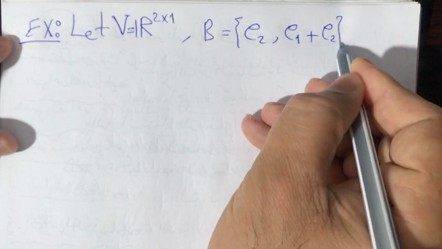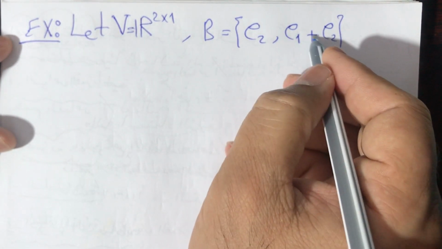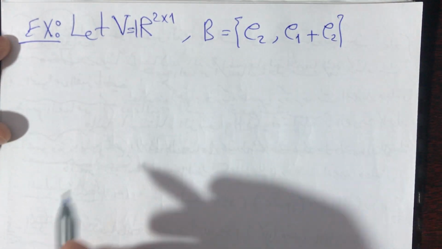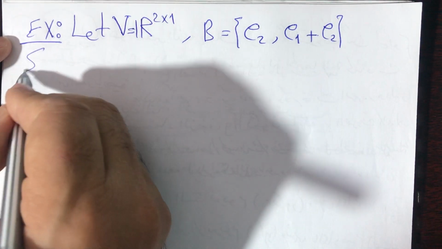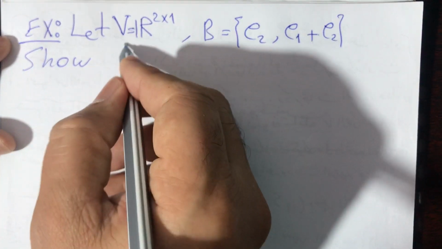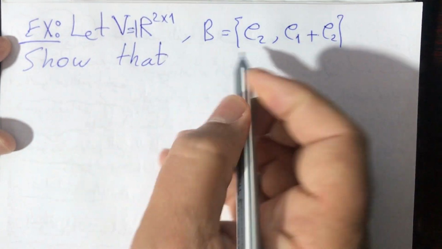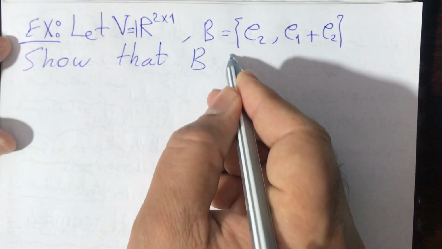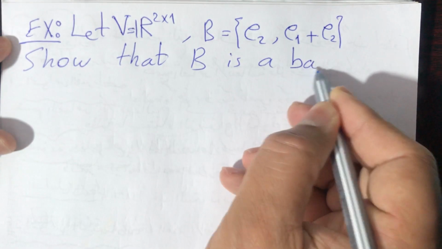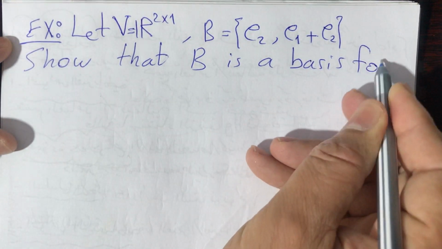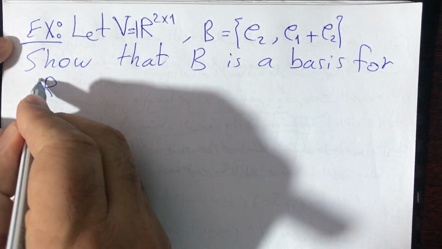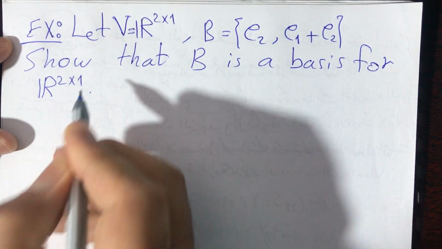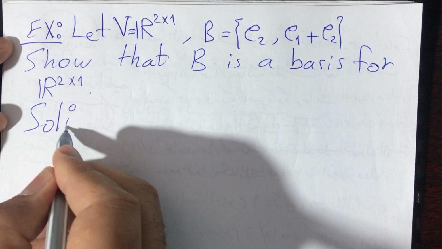You can make here minus or plus. Show that B is a basis for R2 times 1. Solution.